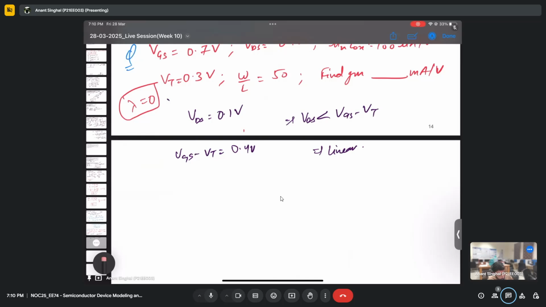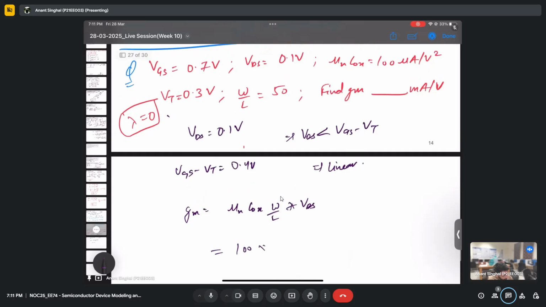So GM for linear region, we know it is mu n Cox W by L and only VDS. So everything is given, I guess. So 100 micro Cox, okay, it is gone. So W by L is 50 and VDS is 0.1. So you want it in milli.